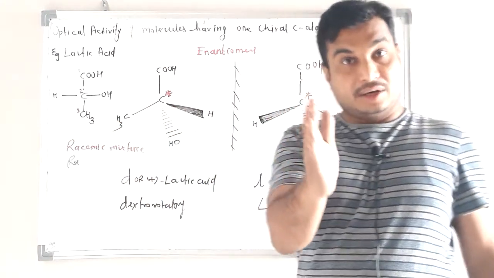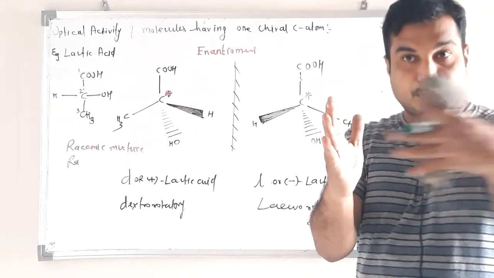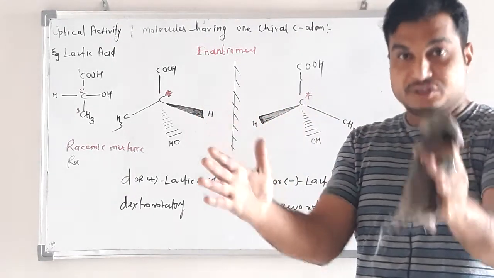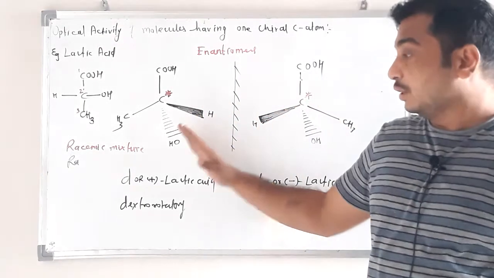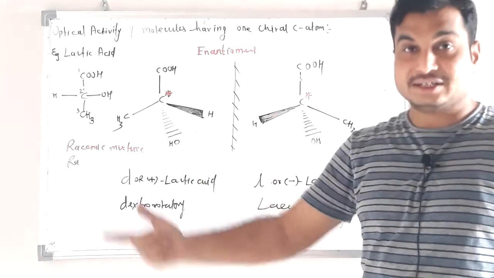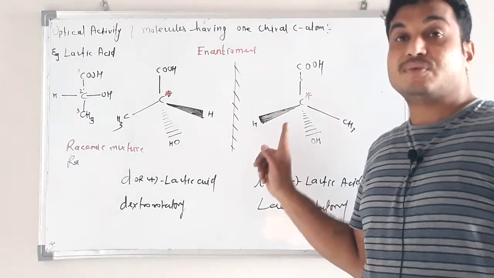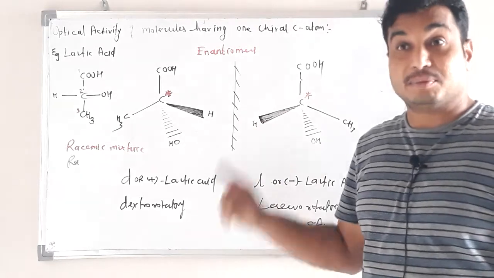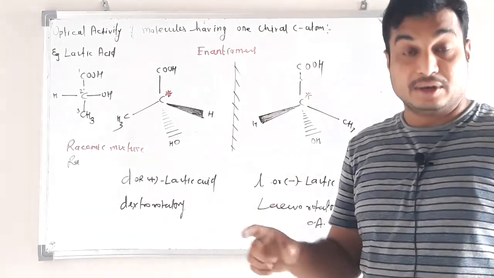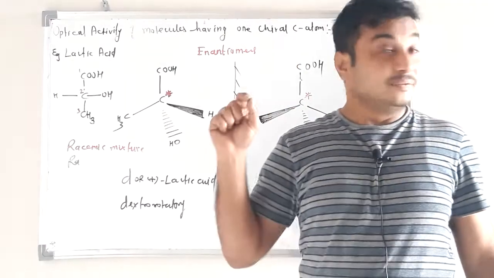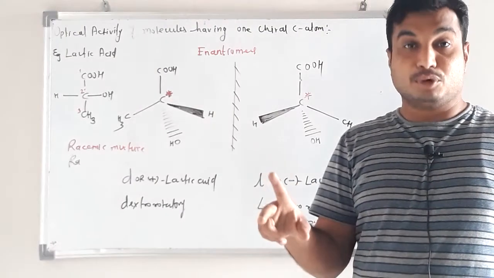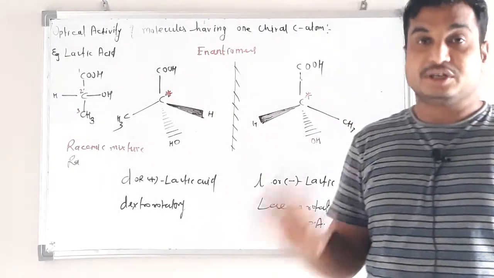If we pass plane polarized light through the mixture, the D form will rotate the plane of PPL toward the right side. At the same time, the L form will rotate it toward the left side, but the magnitude of rotation is the same, only the directions are opposite.